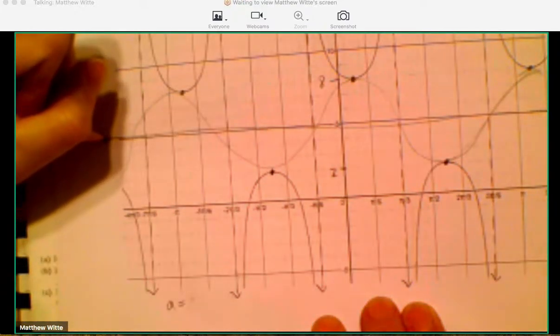So the amplitude is 8. Not 8. Sorry. What did I say? It was 3. 1, 2, 3. It looks like the midline is right here. And the midline is going to be at 5 then. The amplitude is, the distance is 3 above and 3 below.